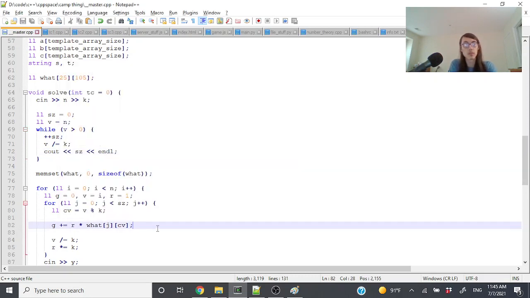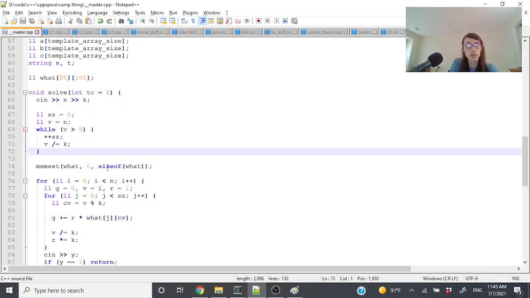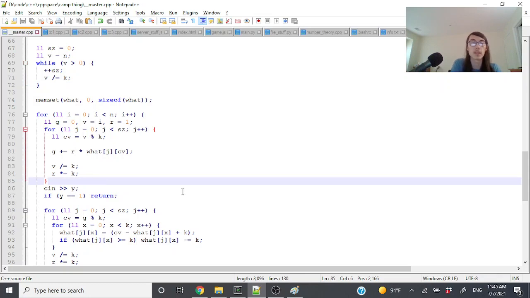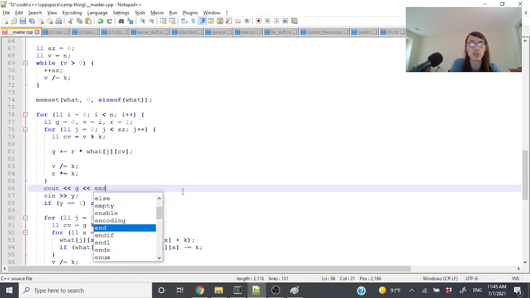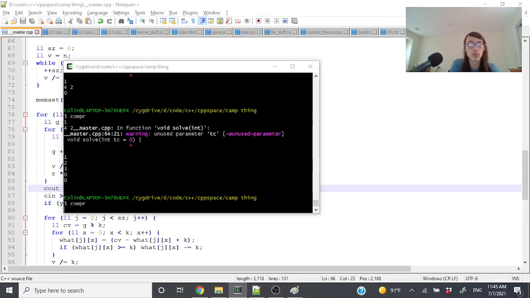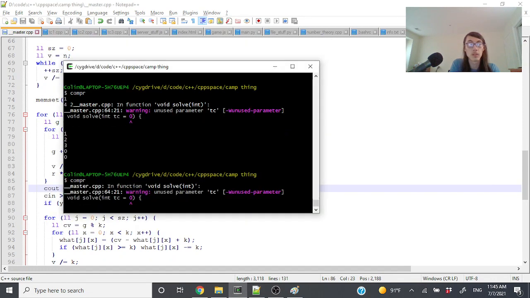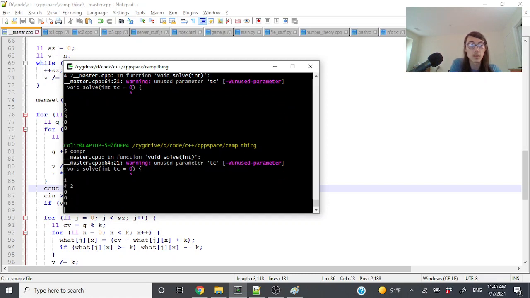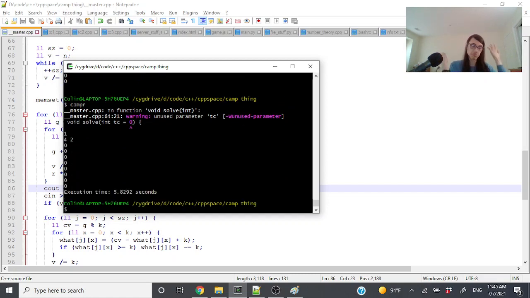No, it doesn't. What? Oh, because I'm not printing anything. Cout G and O. 0, 0, 0, 0. Awesome. Okay, what the hell?